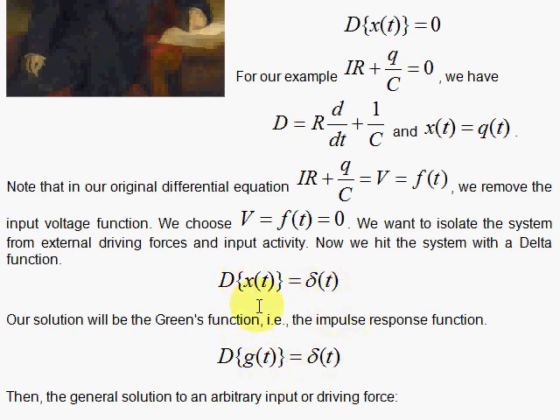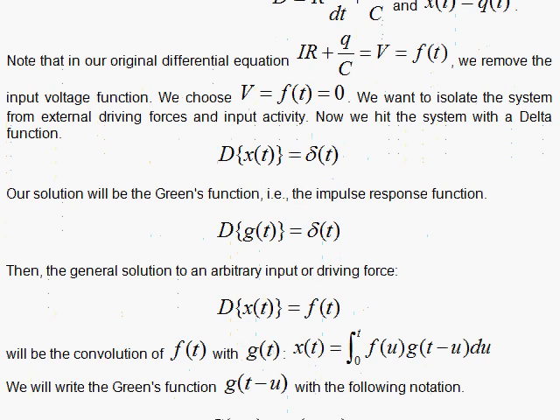And here I note that the x will be the Green's function, and our job is to do that first, and then when we look at the general solution, you know from the previous section and previous discussions that when we take the Laplace transform, we find the product of the Laplace transform of the f with the g, capital F of s times capital G of s. And when you have the product in the Laplace transform space, it means your solution is a convolution in the regular space.